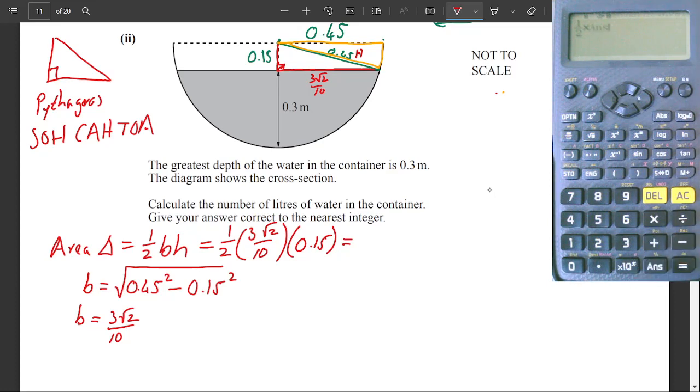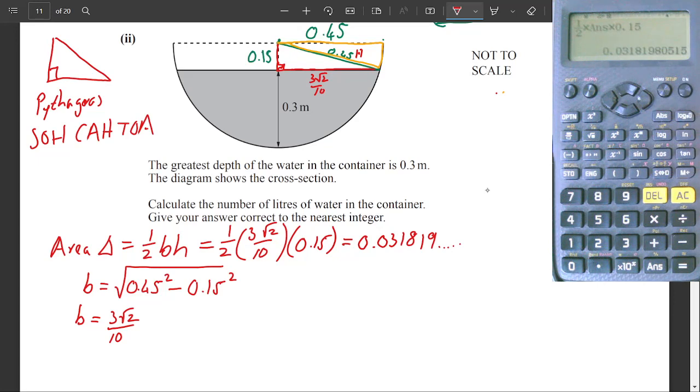We put answer, insert, of course, the previous answer. And we can't simplify this, so we just put as many digits as possible to make this accurate. At least 4 significant figures, but of course 5 is better. Right, the area of the triangle in red, we've got that.